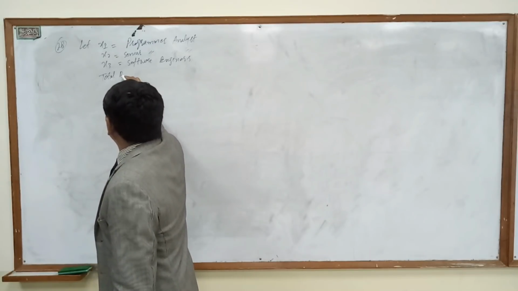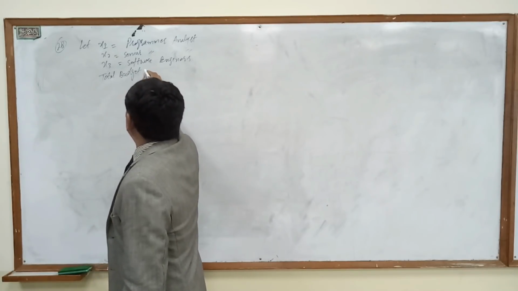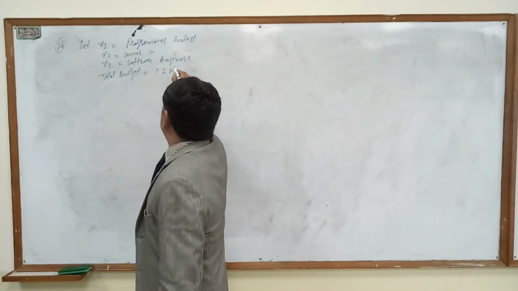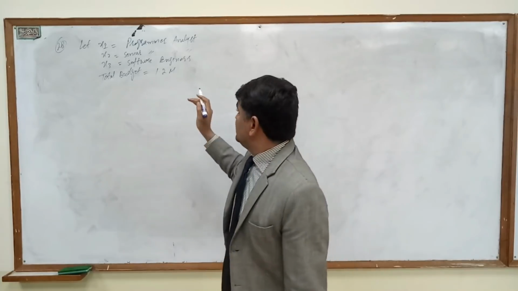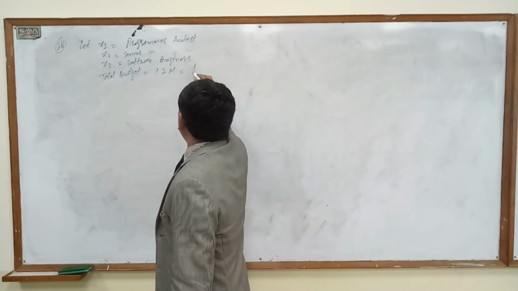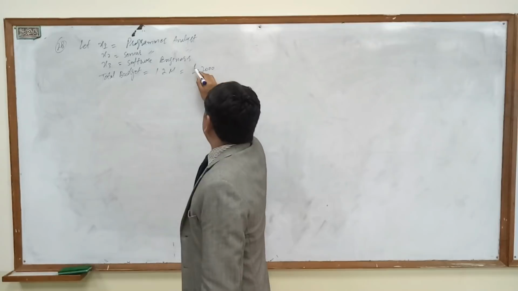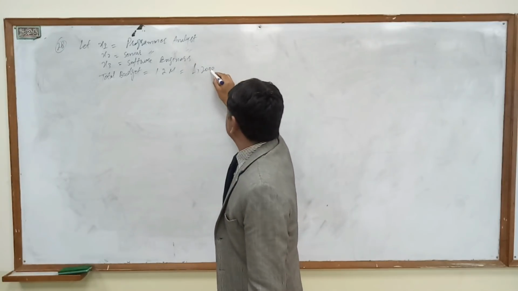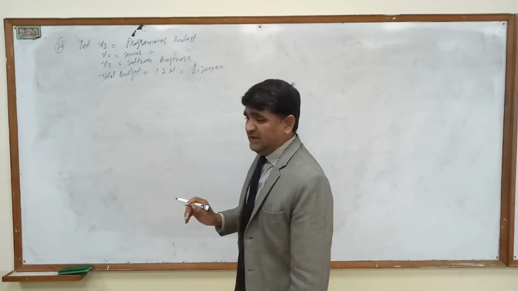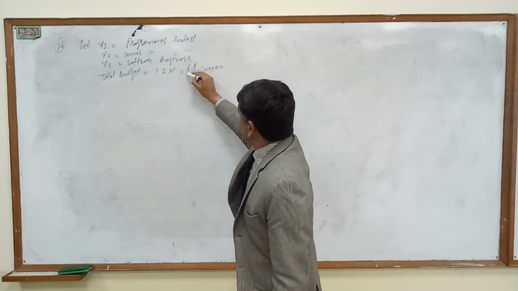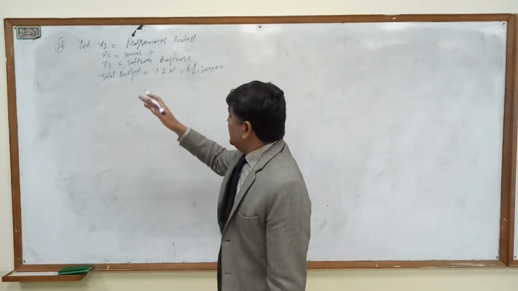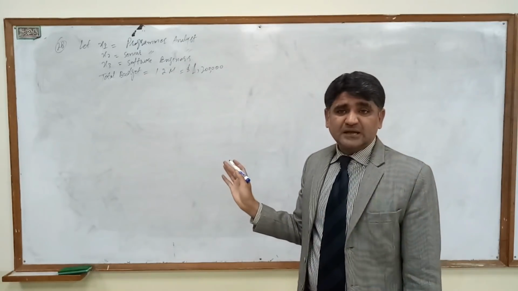Total budget is 1.2 million. If we convert it into zeros, what can be the value? It's 1,200,000. Okay, it's $1.2 million.